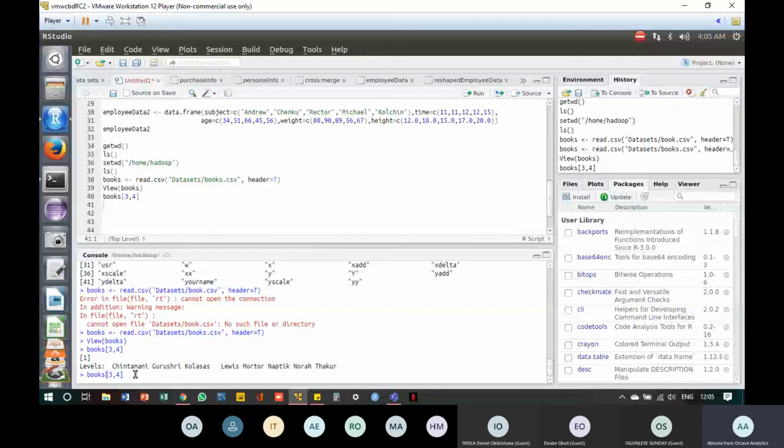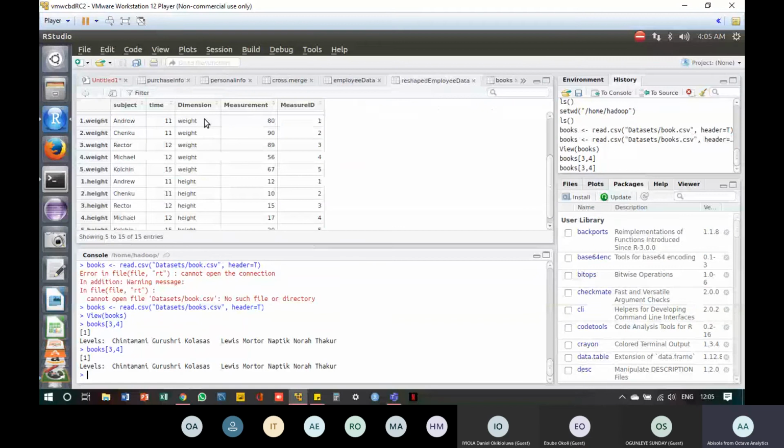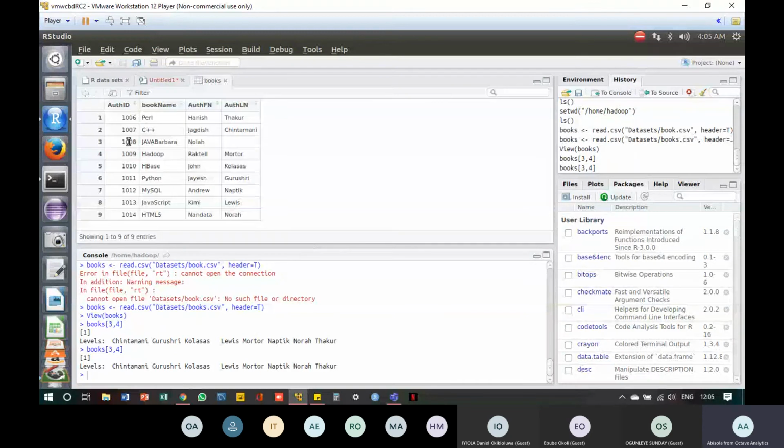Okay. So let's see. Let me cancel this one. So books, row 3, comma 4. Oh, this is empty, so we don't have anything here. So let's do row 4, comma 5, comma 4, or something else. So let's do comma 3.